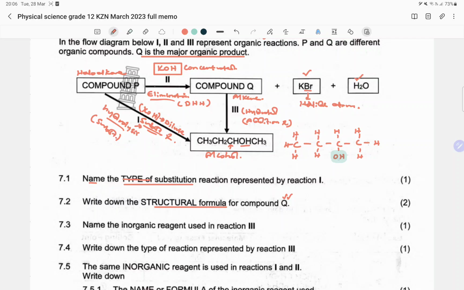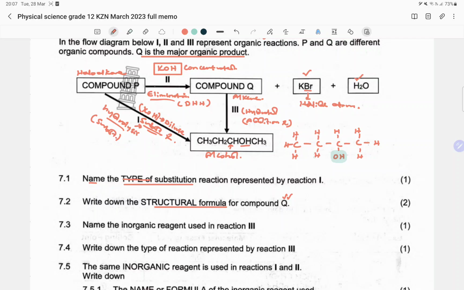No, where there is this guy, there was the halogen. That's where we lost the halogen. So there was a halogen here where the OH is put. This will replace the halogen.